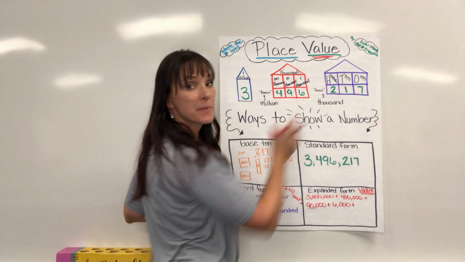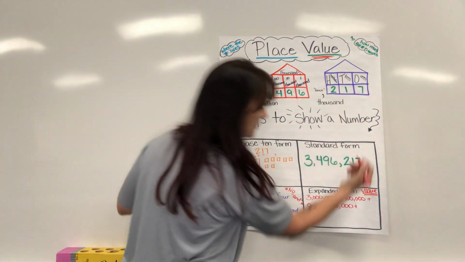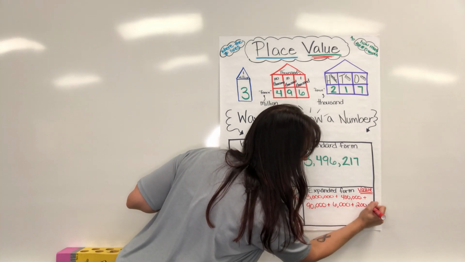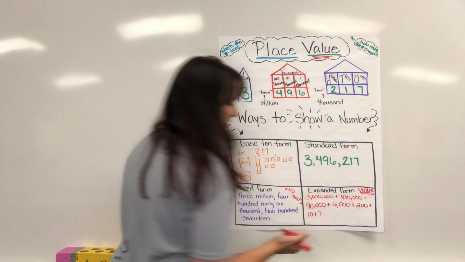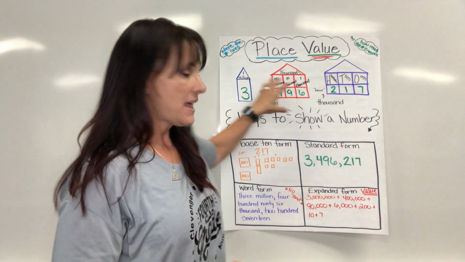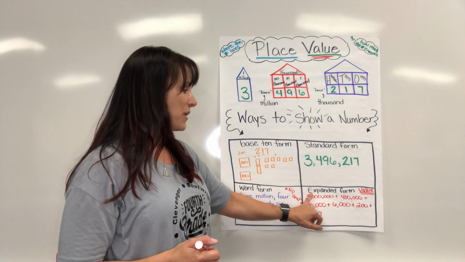Plus, and now again, I'm going to take that 217, I'm going to break it apart. So I'm going to have 200 plus 10 plus 7. So now I have taken this huge number and I've shown its value in expanded form.